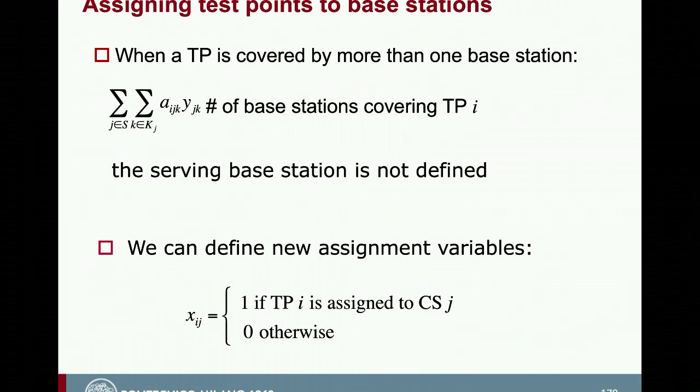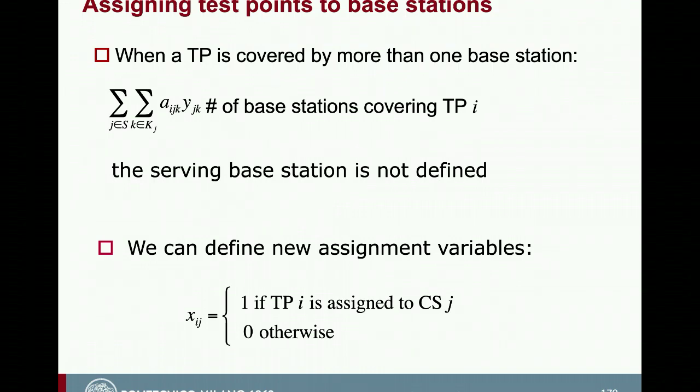So in the models that we will be using, the coverage constraint, both the hard one and the soft one, just requires that the test point is covered by at least one base station.